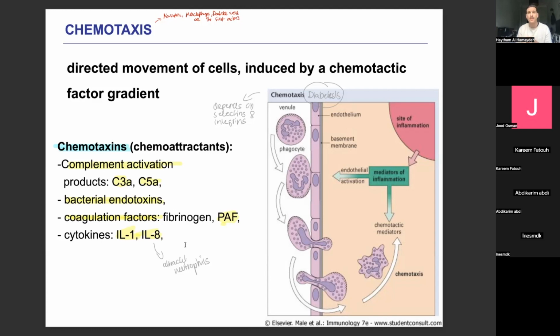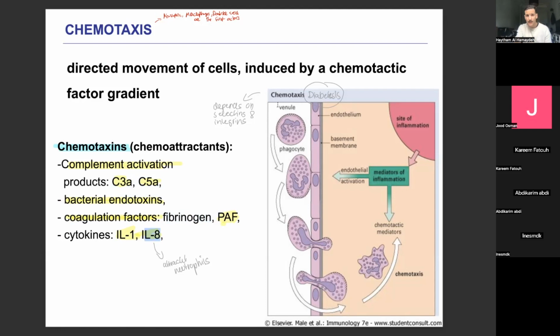So cells basically are pulling on things such as complement activation, such as C3a or C5a, bacterial endotoxins, fibrinogen path, IL-1, IL-8. These are all examples of the rope you're pulling on, or the immune cells are pulling on to reach the site of infection where they can act.